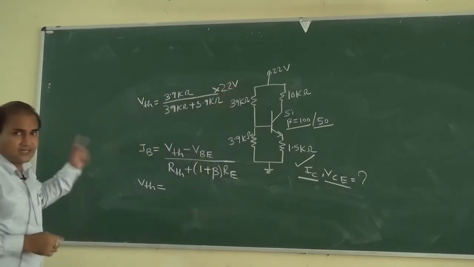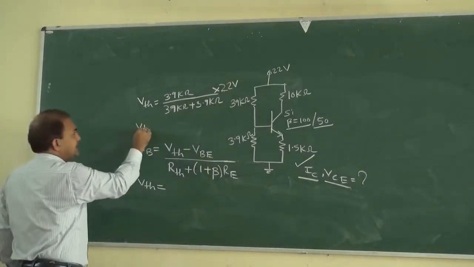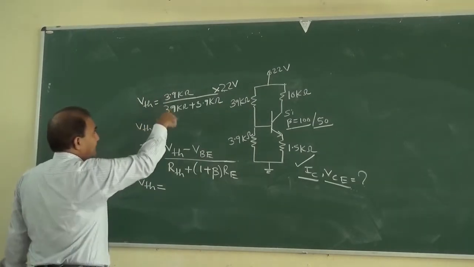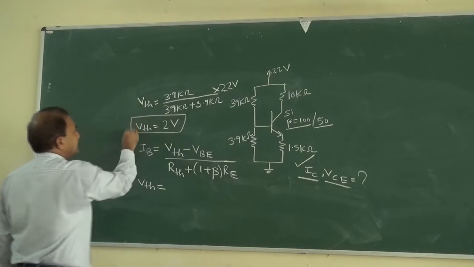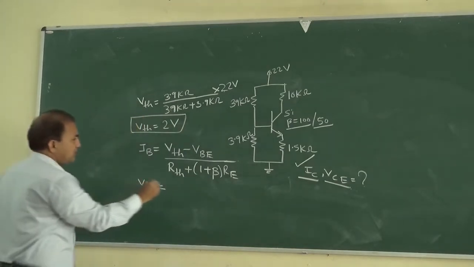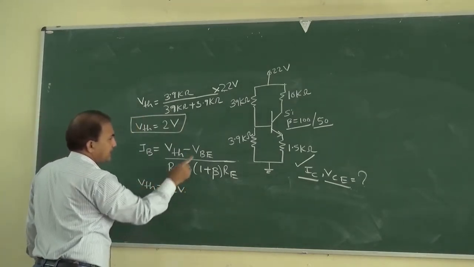Okay, so in this way we can determine VTH. If we calculate it, it will be equal to 2 volt. So VTH is 2 volt.